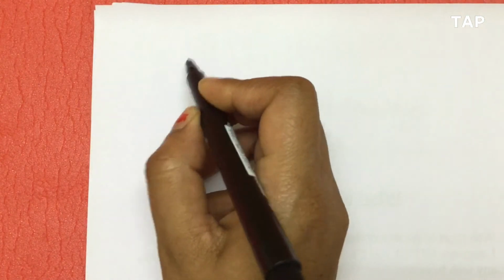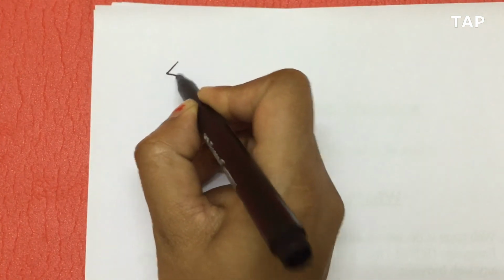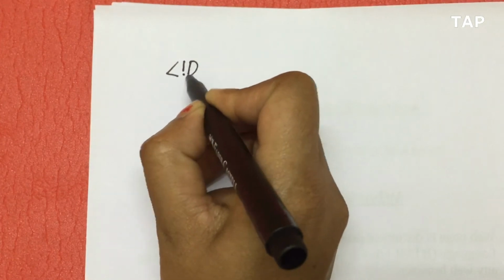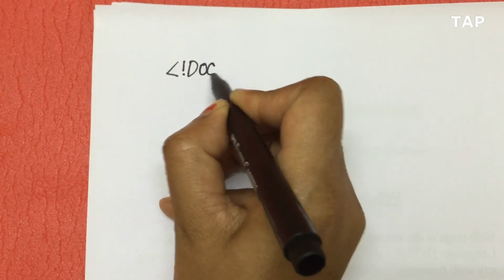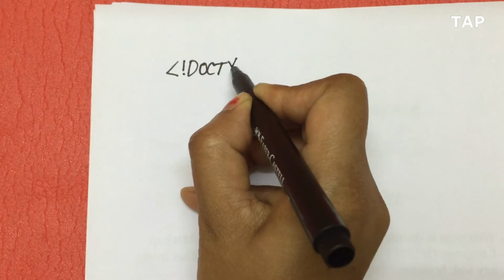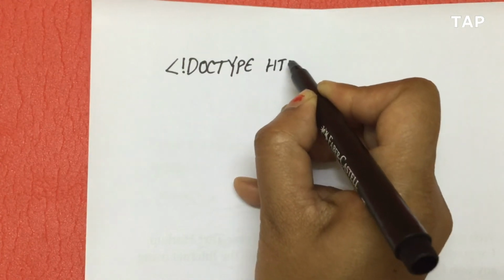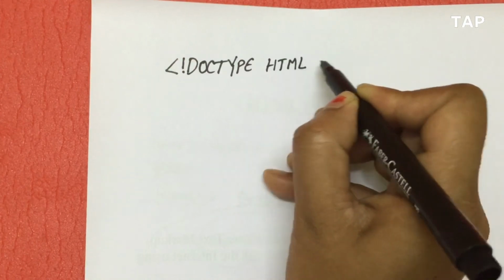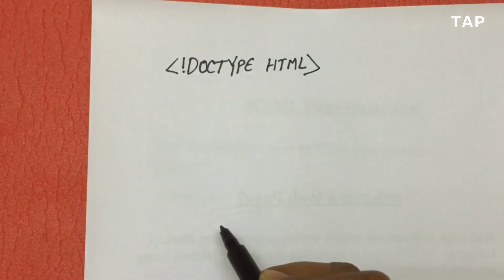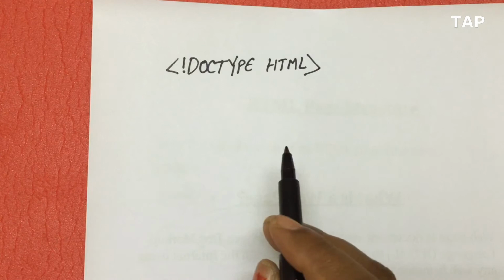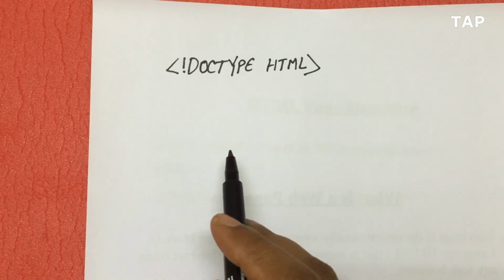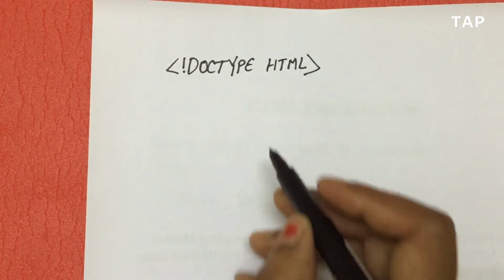First, our starting is the doctype, right? This is not case sensitive, so you can write it anywhere, and this is my HTML file. So I have declared it. The declaration part is that this is an HTML document.